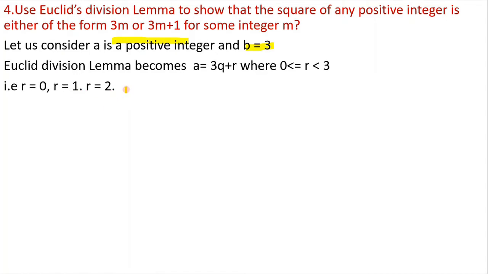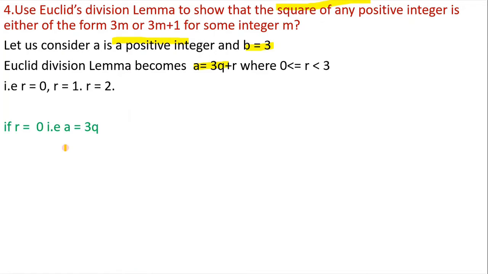Okay. Now we have to substitute r is equal to 0 in the above equation. We get a is equal to 3q. Squaring on both sides. Why are we doing squaring? Because in this question they are asking to show that the square of any positive integer, so we want to find a squared. So we are doing squaring on both sides.